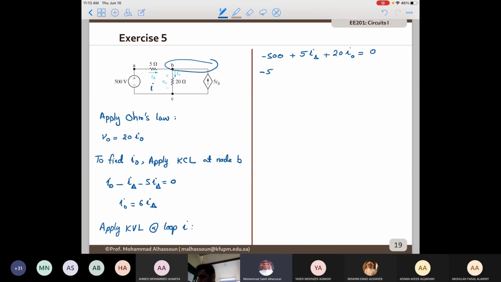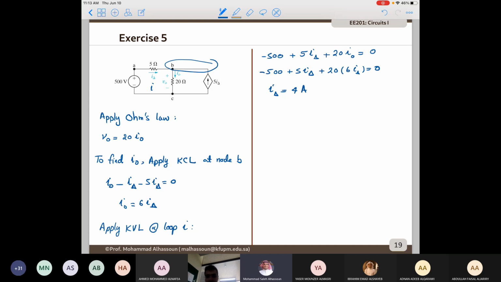If you recall, I naught is 6 I delta, so in this case 5 I delta plus 20 multiplied by 6 I delta equals 0, so I delta will be 4 amperes.